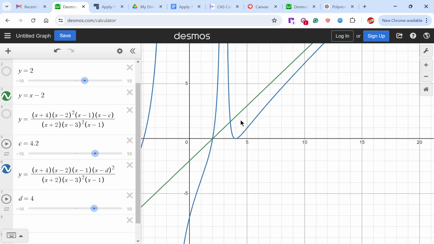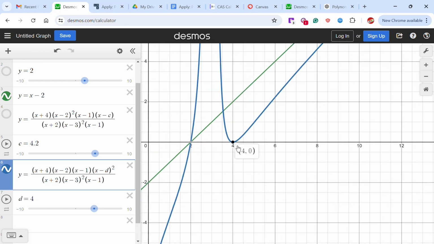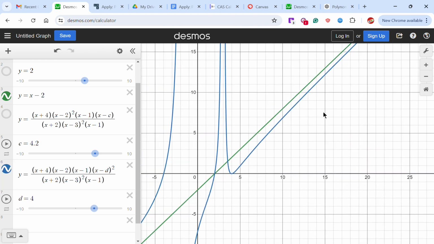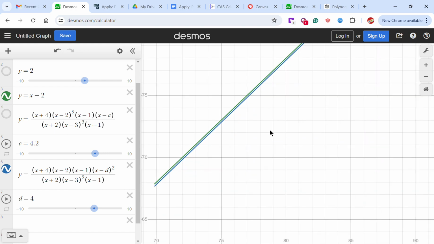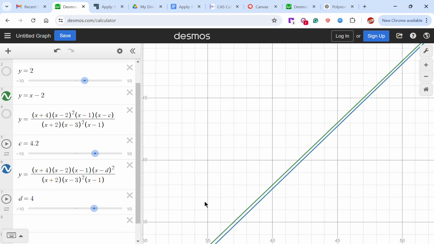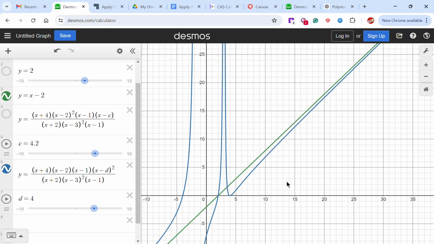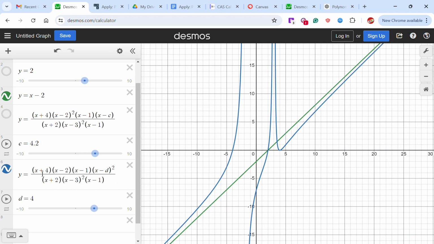It says remain on one side, but I feel like 4 directly on the x-axis doesn't count as the other side, so I think we're fine. As you can see, we played around and 4 seems like the correct answer. You could also get 4 by expanding this and also expanding this and dividing them.